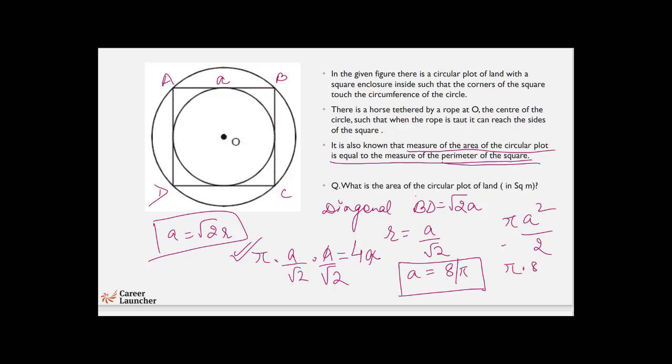So we have 8, 2, pi and pi. So we get the area of the circular plot as 32 upon pi square units. Okay, so we have used this relationship here, that whenever we have a square inscribed inside a circle, A will be equal to root 2 times the radius.